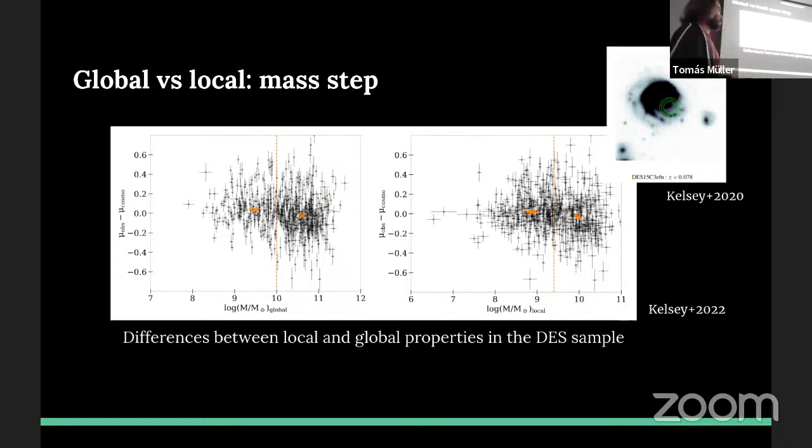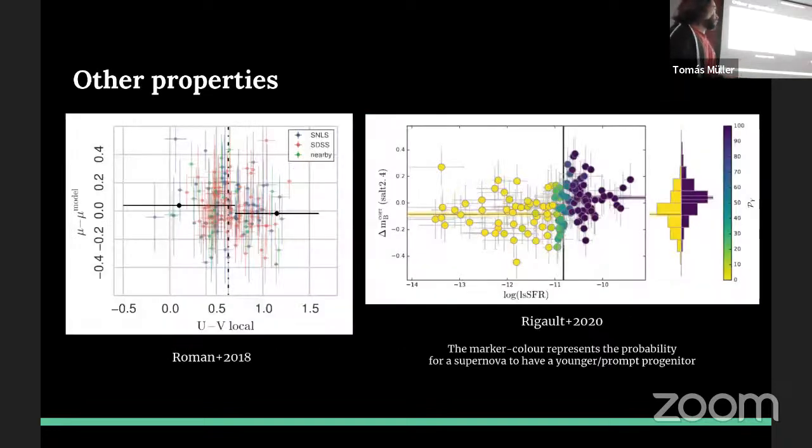So that's good. It means that we can improve our corrections. And it has also been done not only with the stellar mass, but with different galaxy properties, such as color, for example. We have here the specific star formation rate, and we always see this trend, right?